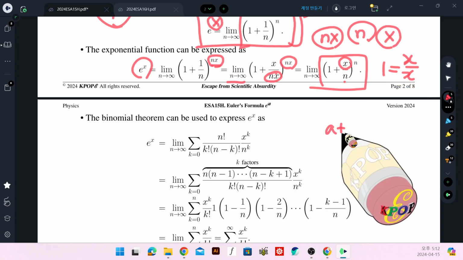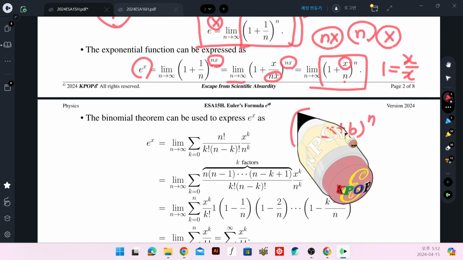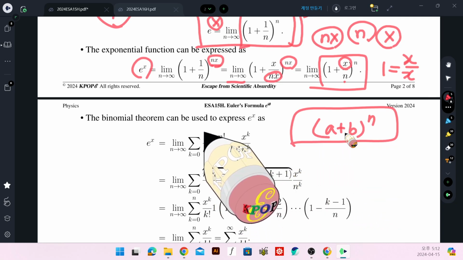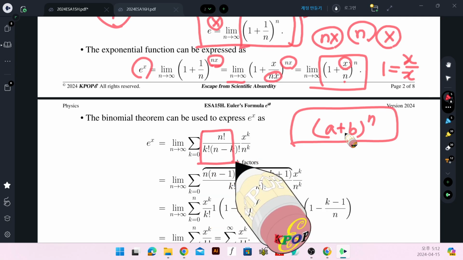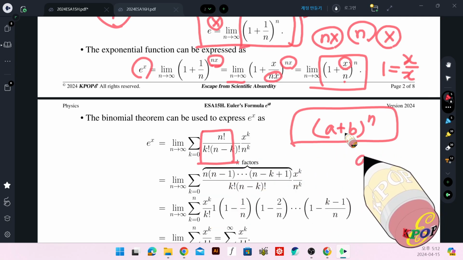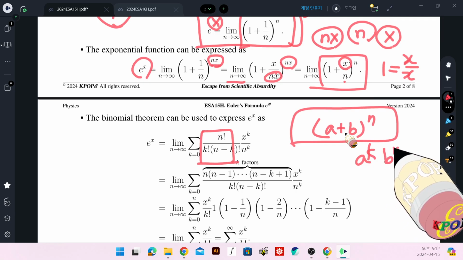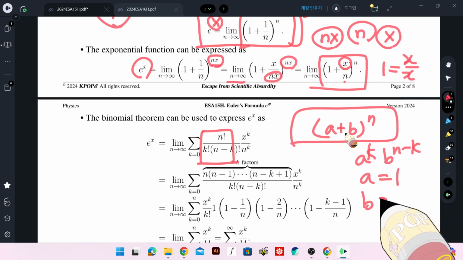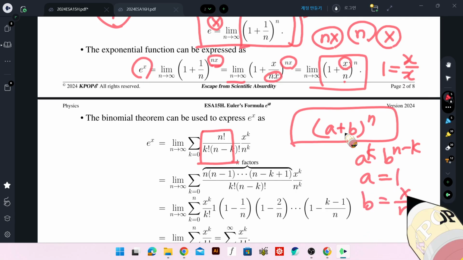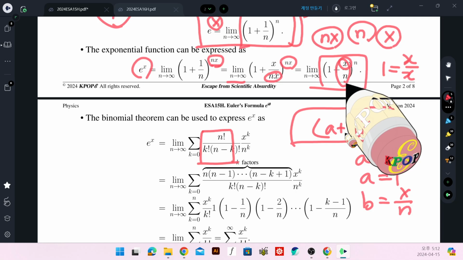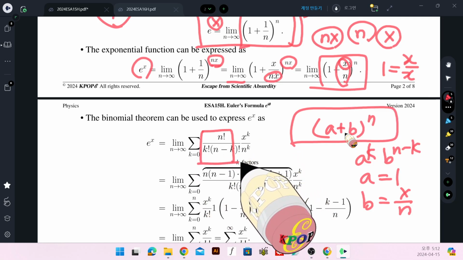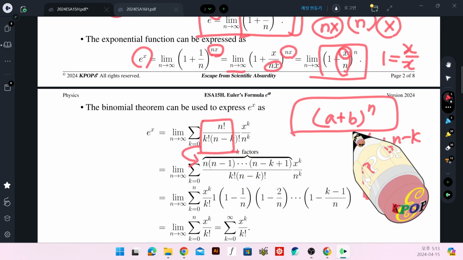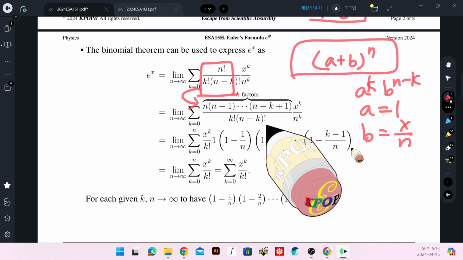So a plus b to the nth power can be expressed as the sum of a binomial coefficient times a to the k and b to the n minus k. Now we have a equals 1 and b equals x over n. Now we can find that this binomial coefficient can be expressed like this.